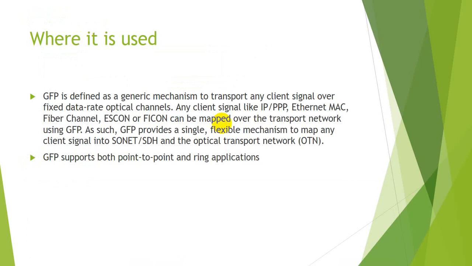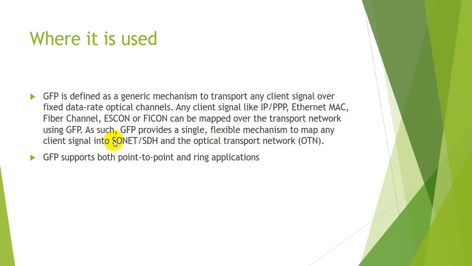Where it is used: I have already said that GFP can be used for almost every technology to every technology. Client signals like IP and Ethernet MAC, or Fibre Channel, ESCON or FICON, can be mapped to the transport network.